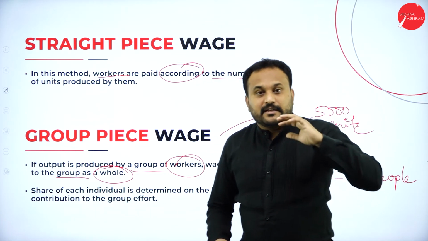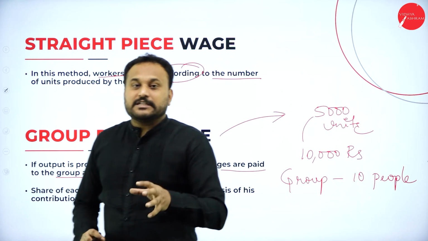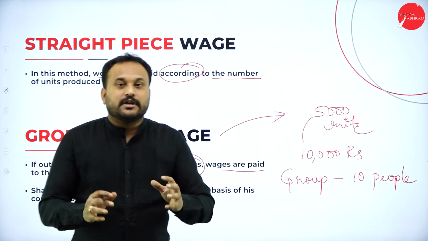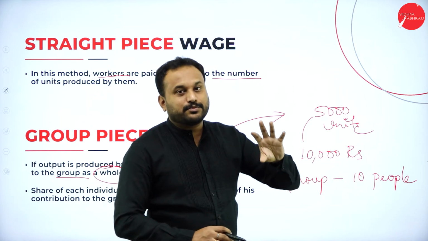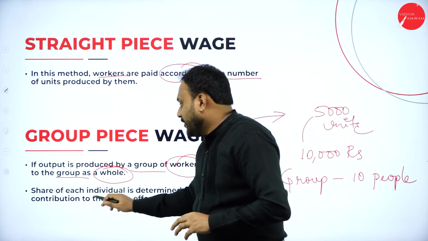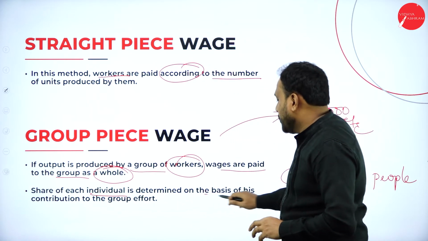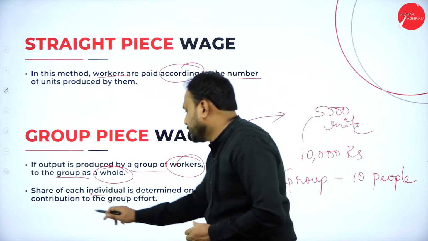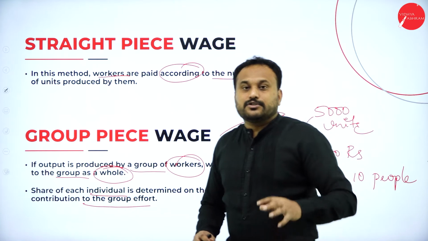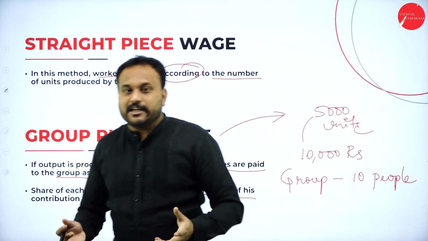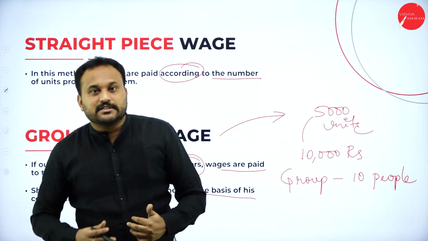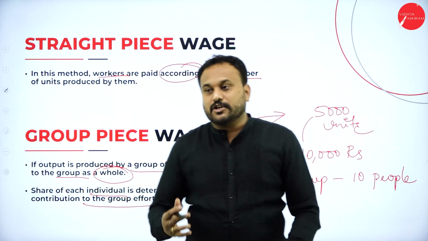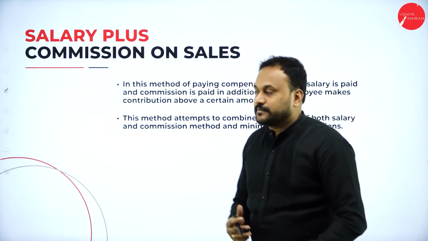So it is left to them how much they want to distribute among themselves. The share of each individual is determined on the basis of his contribution to the group effort. So in that group, one will be a leader and that person will decide who should get what. This is called the group piece wage.